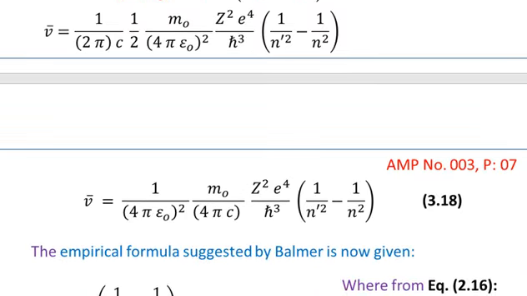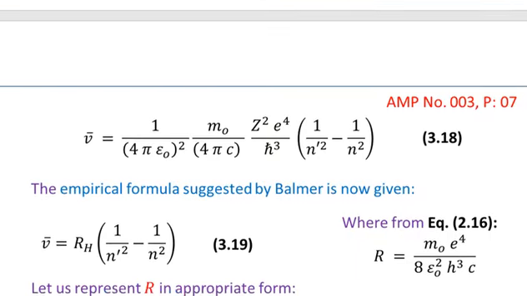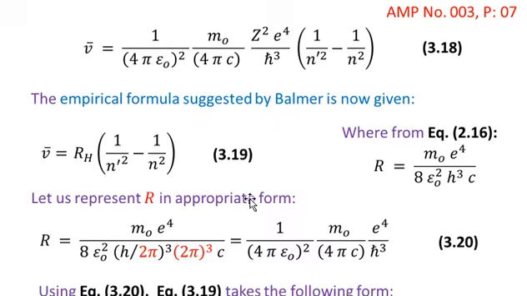The empirical formula suggested by Bohr is now given. So you see that this expression, which is given in equation number 3.18, is obtained according to Bohr's atomic model. But you know that we have a similar expression of the wave number given by Bohr, the empirical formula, which is nu bar is equal to RH, the Rydberg constant, times 1 over n prime square minus 1 over n square.